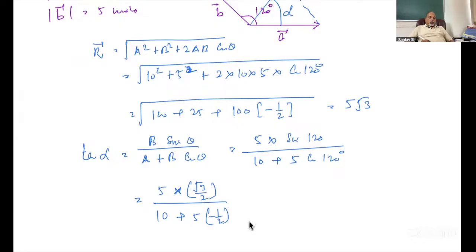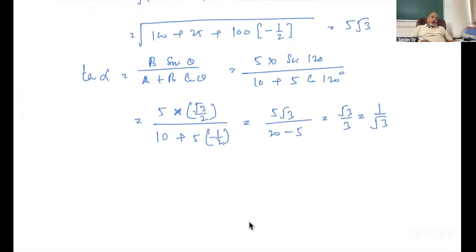So this will be basically 5 root 3 upon 20 minus 5, which means root 3 by 3, or 1 by root 3, or tan alpha is 1 by root 3, which is basically 30 degree. Correct.